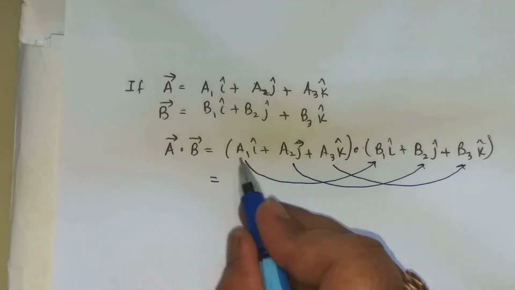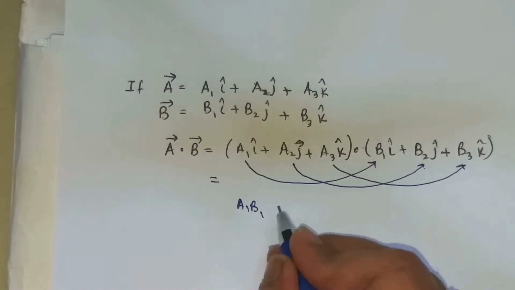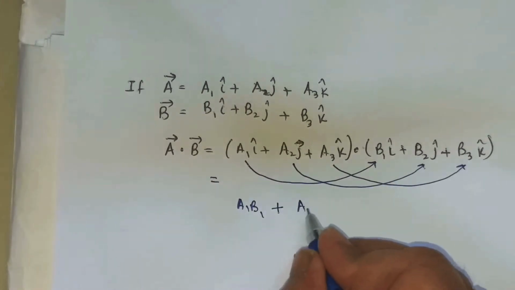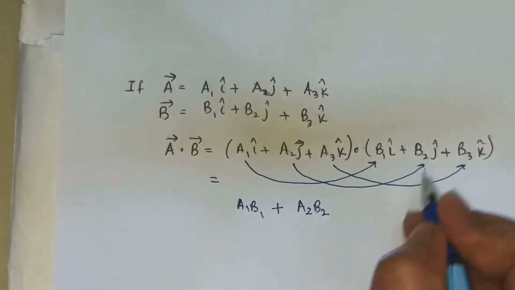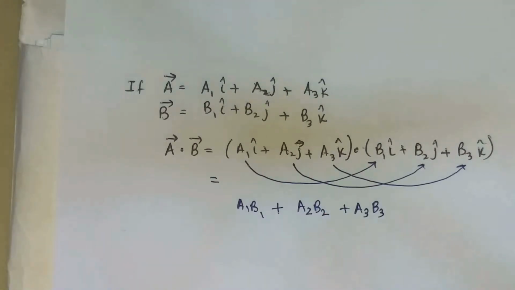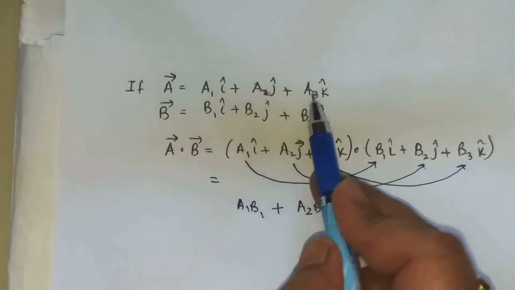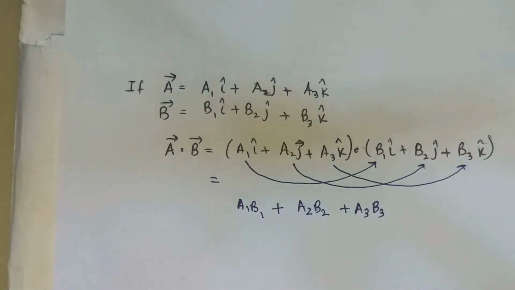So you have a1 b1, i dot i is 1, no need of writing 1. Similarly a2 b2, j dot j is 1, and similarly a3 b3, k dot k is equal to 1. So it is very easy to find the dot product, simply the similar terms are to be multiplied.